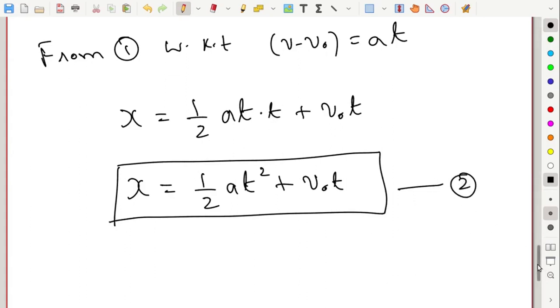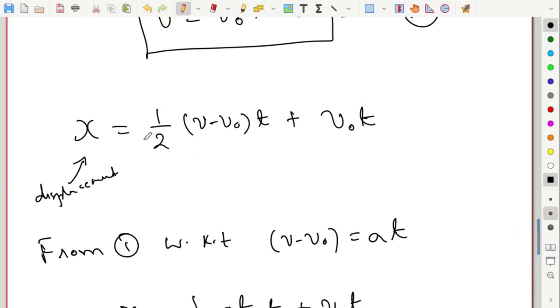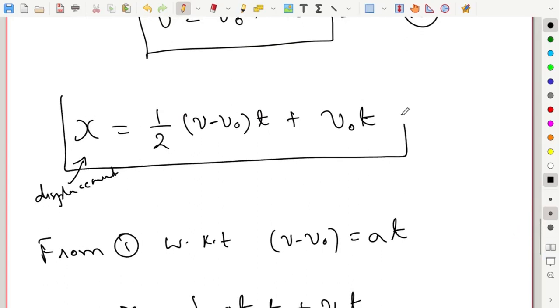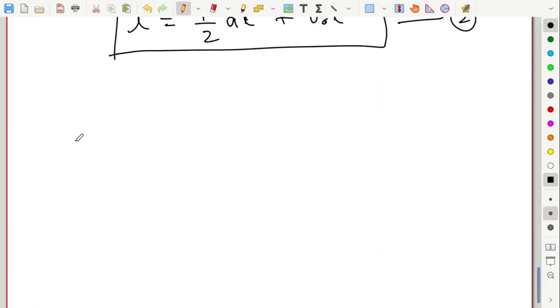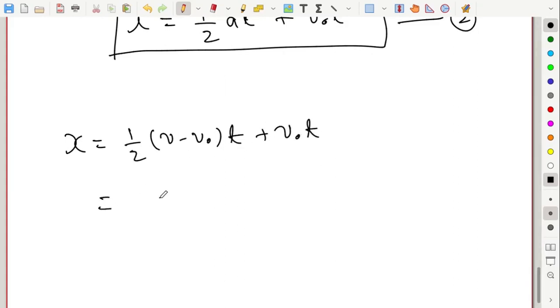So in order to derive the third equation of motion, we are going to use this equation again. Okay, so in the equation நம்ம திரும்பி யூஸ் பண்ணிக்கலாம். Therefore we have x equal to of v minus v naught t plus v naught t. ஓகே. ஸோ இதை எல்லாத்தையும் மல்டிப்ளை பண்ணுவோம்.